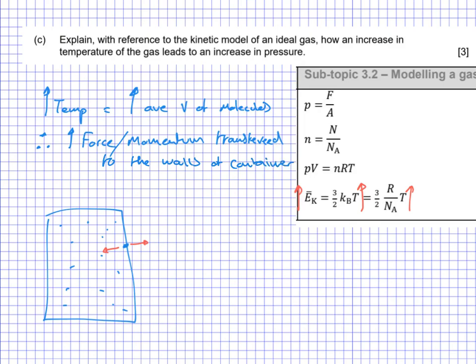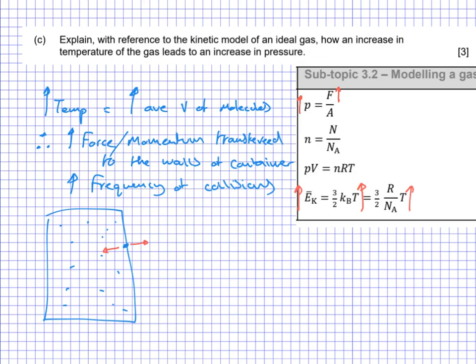And in addition to that, of course, because they're going faster, statistically, there is a greater chance that more of them will be hitting the sides of the wall. So let's say there's an increased frequency of collisions. Okay, and if we look over here again at our data sheet, if you increase the force, then you increase the pressure.